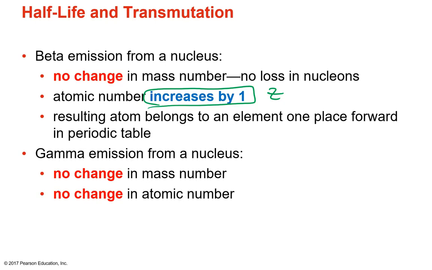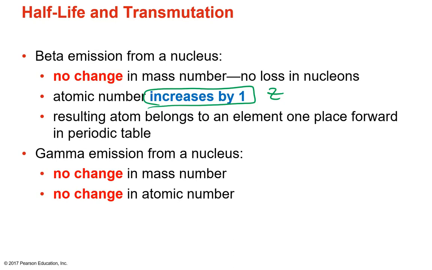So if I were to have a gold atom have a beta decay, now I'm just making something up, I'm not saying gold has beta decays, it would go from having 79 protons to 80 protons, and it would become a mercury atom. And I feel really sad because mercury is not nearly as valuable as gold. We're safe. So that's what a beta decay does. It transmutes it, it changes it to a new element.